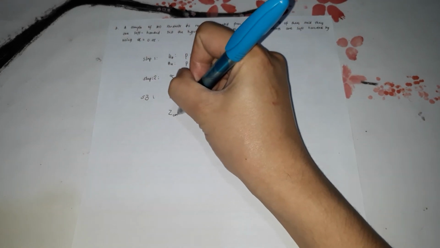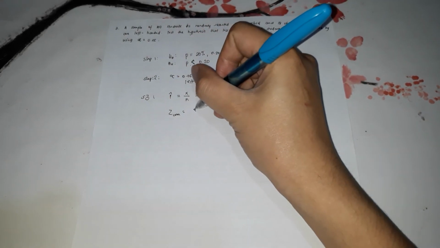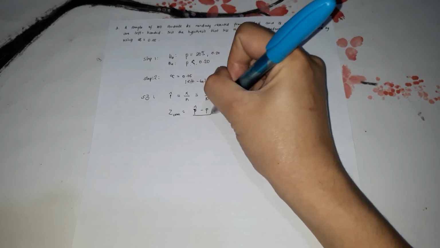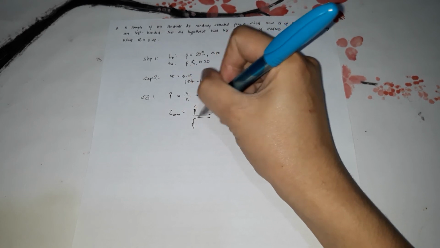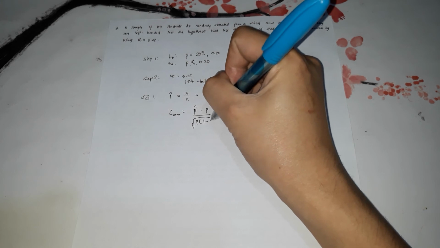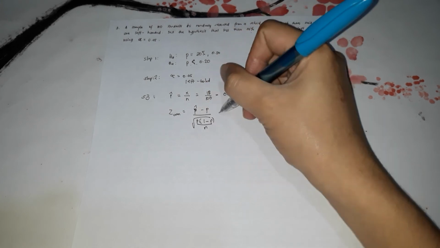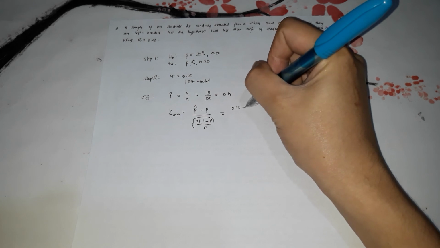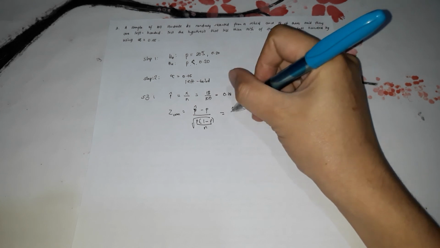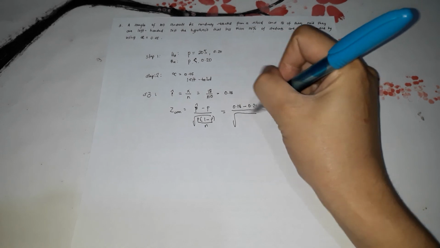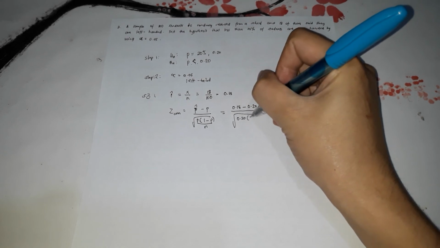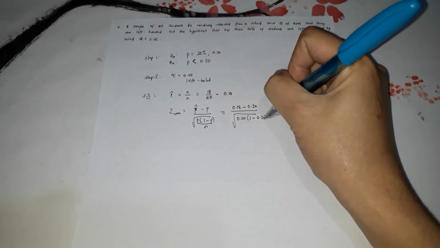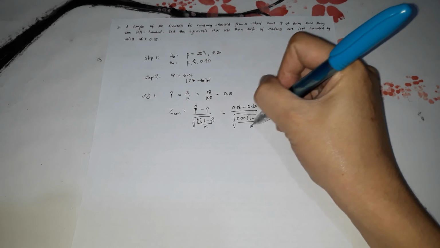So z computed is equal to p hat minus p over square root of p times 1 minus p over n, which is equal to 0.18 minus 0.20 over 0.20 times 1 minus 0.20 over 100.